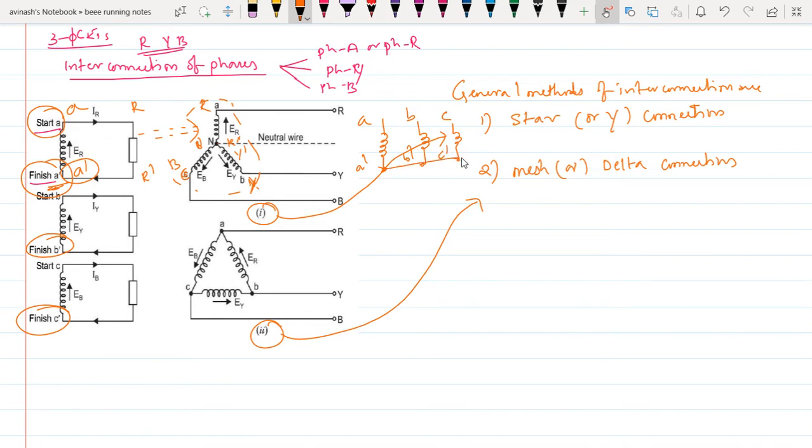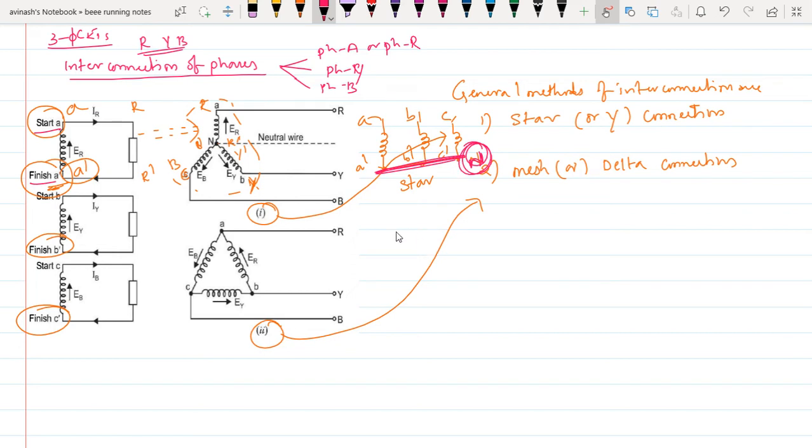All these three are connected at one common terminal, and the terminals are A, B and C. So this is called a star connection, whereas in the delta connection the starting is connected to the ending of the other point. Hope you understand this point. This common terminal is called neutral. This is the common terminal for three windings.